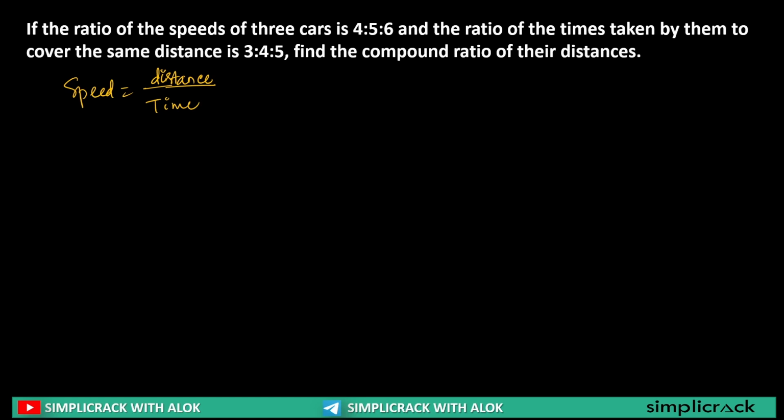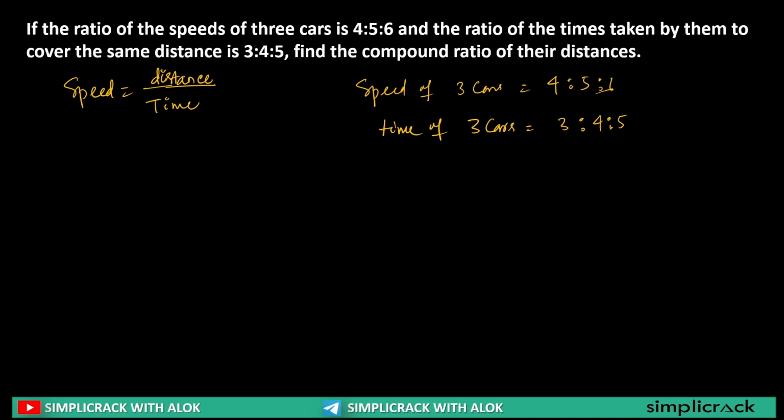Now, if something is given like this, that the speed of 3 cars is 4:5:6, and it is given that the time of the 3 cars is 3:4:5, what can we do? We can do it in both ways.